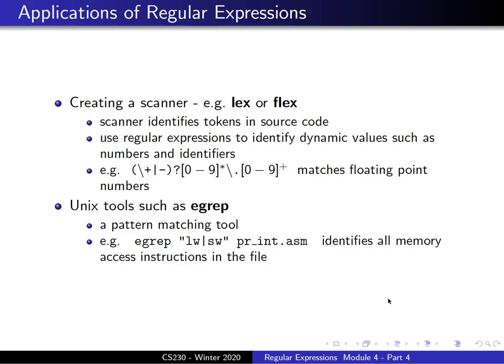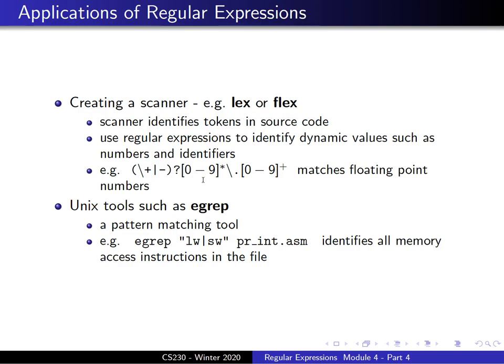You can see that the contents of a Lex file or a Flex file would include things like regular expressions. So for example, if we wanted to be able to identify floating point numbers, we could write a regular expression like this, where we say you could have an optional plus or minus sign. So I'm going to use the backslash before the plus because I want that actual character to be allowed, and it's optional because I have the question mark here.